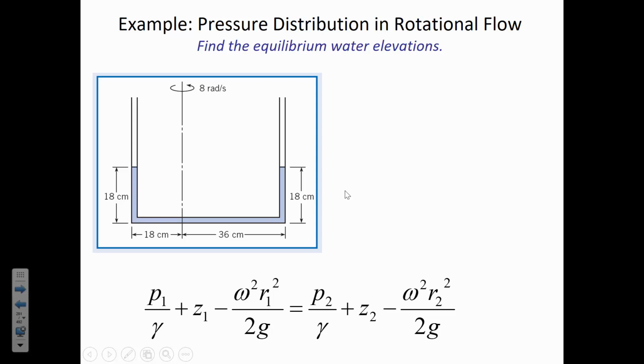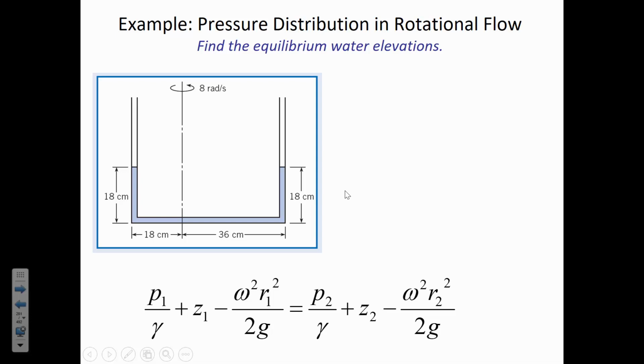So if it goes down 1 centimeter on the left, it goes up 1 centimeter on the right. So it could be like 17 and 19 centimeters, and the sum would still be 0.36. Okay, so what I'm saying is, we can use this equation and that equation to find out what is in absolute terms, not just in relative terms, not just what's the difference in z.